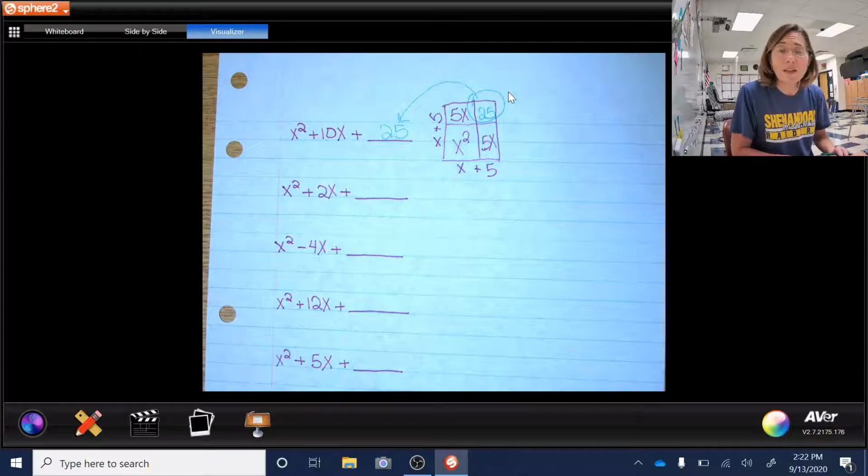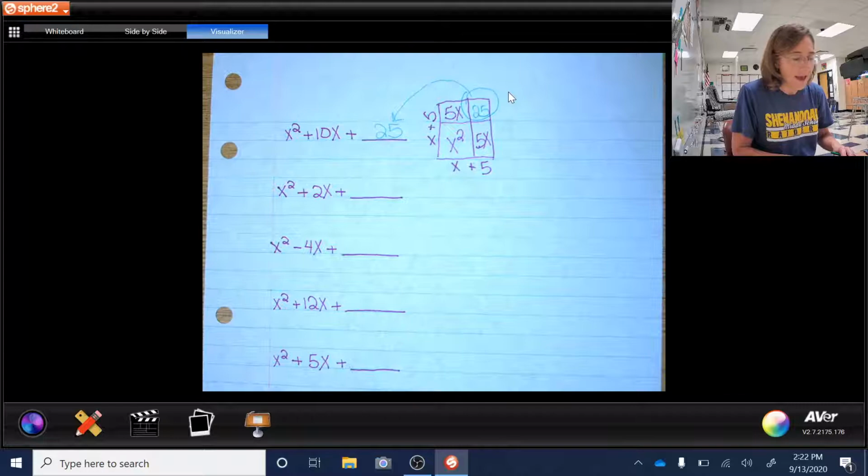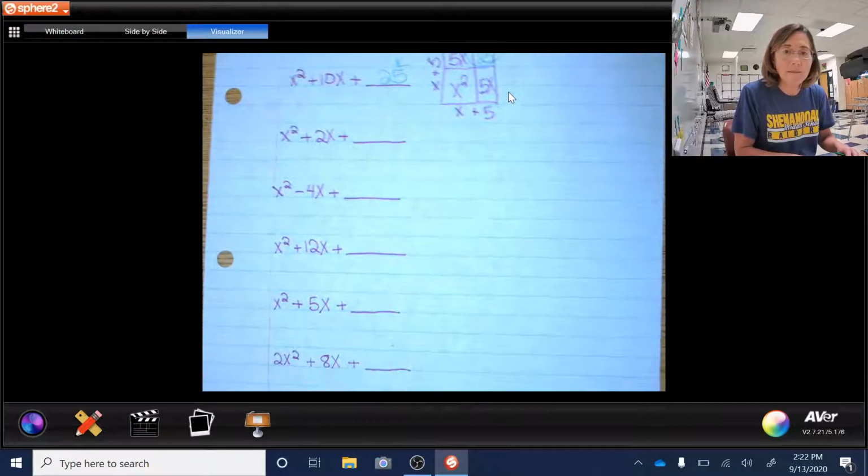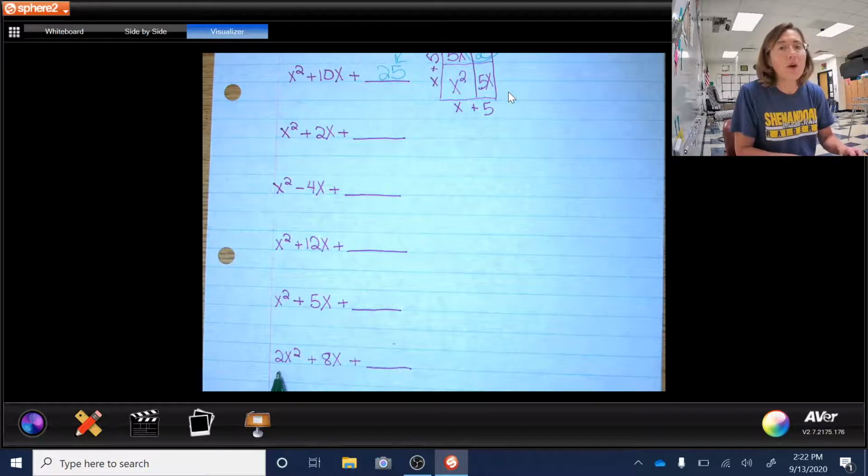Okay, so go ahead and press pause, and I want you to finish drawing these out and figure them out. Now this last one, ooh, I made tricky. I put a 2 in front of the x squared, and that's kind of bad news because a 2 isn't a perfect square.